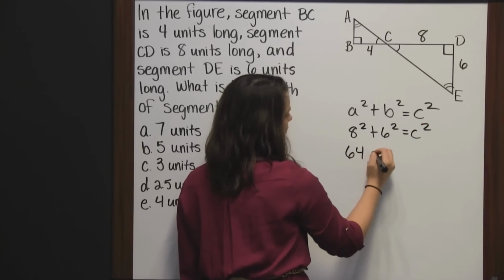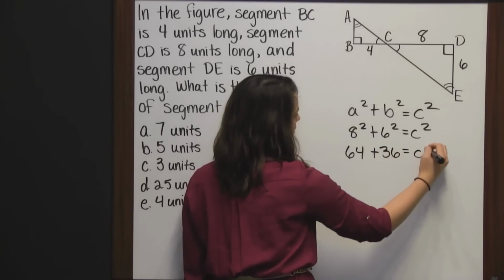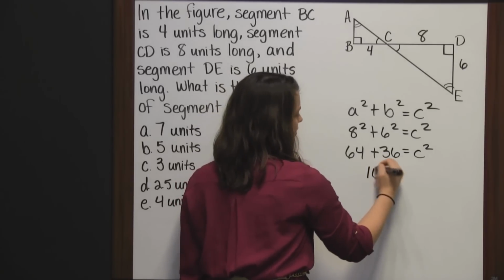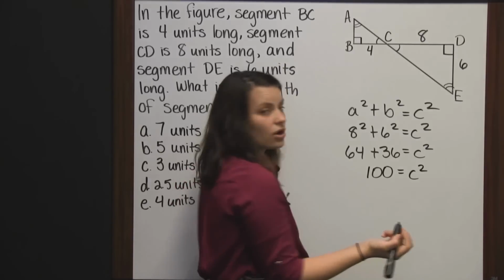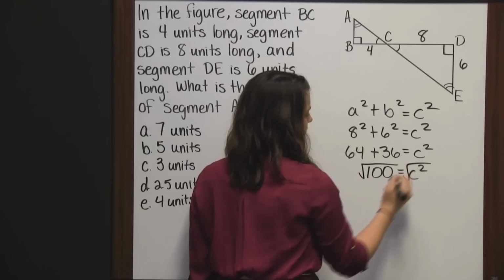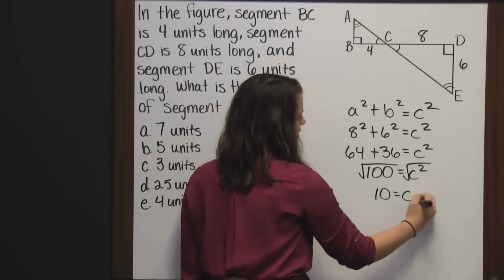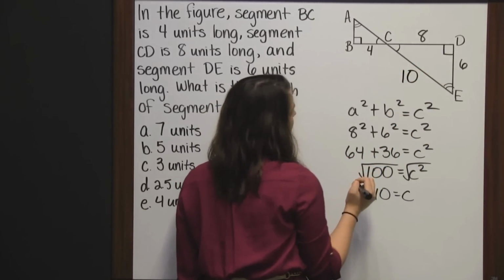8 squared is 64 plus 6 squared is 36 equals C squared. 64 plus 36 is 100 equals C squared. Then to solve for C, we need to square root both sides. The square root of 100 is 10, and the square root of C squared is C. So the length of segment CE is 10.